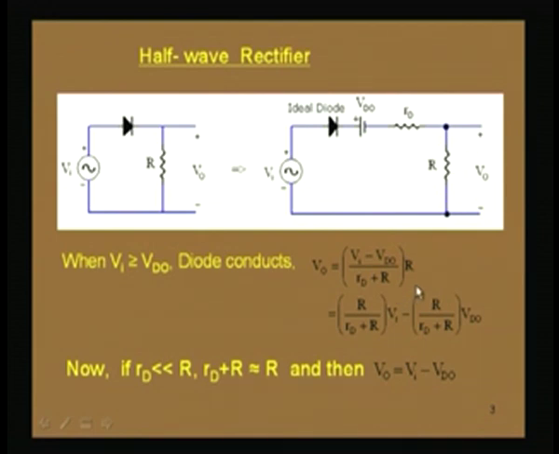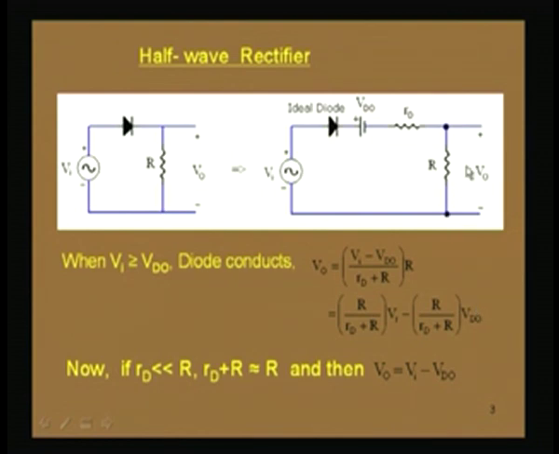Now, separating these two terms which are combined by this negative, that will be equal to R by R_D plus R into V_I minus R by R_D plus R into V_D0.